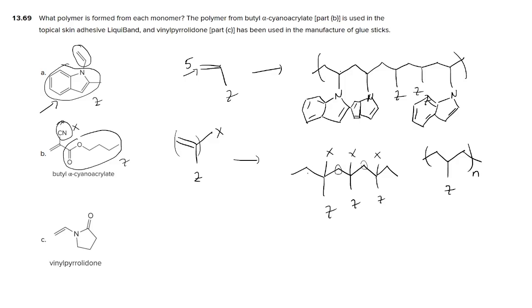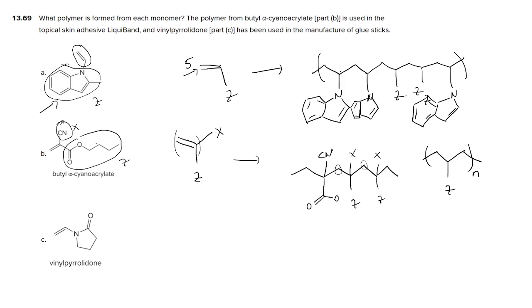So let's just write it here, CN. For the Z, again, let's just erase this one and place the proper group here. It's this part, so there should be a carbonyl oxygen, then the ester part.